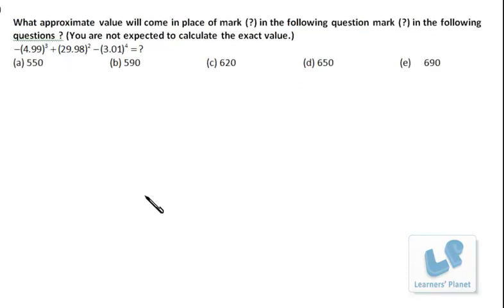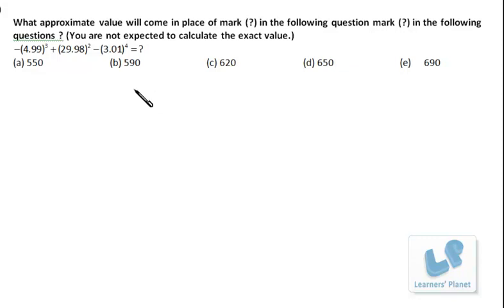Now let's see this question. Further, we have to get the approximate answer of this calculation. It seems to be tedious, and the options have a difference of 50 to 100 among each other. Now 4.99 can be approximated as 5 because the difference is only 0.01, and if we cube 0.01, the value will be much less than 1, and our options are at least 50 to 100 far off from each other.